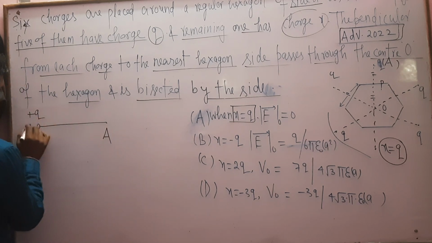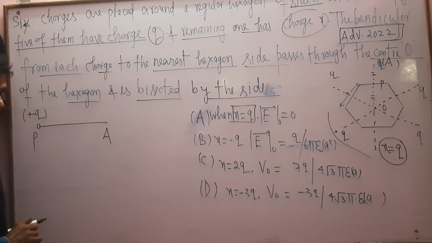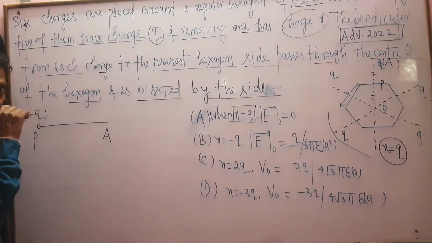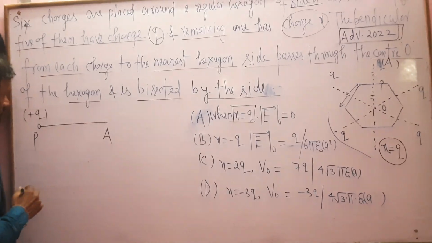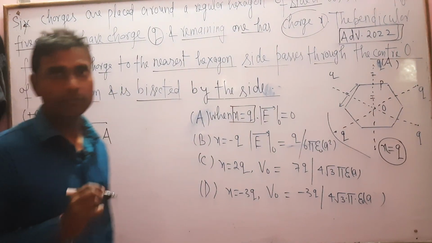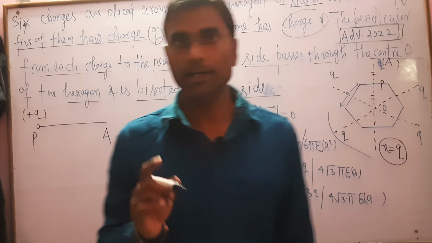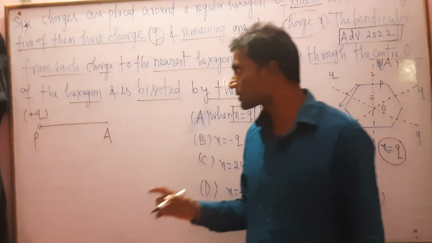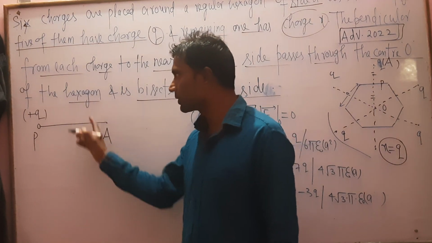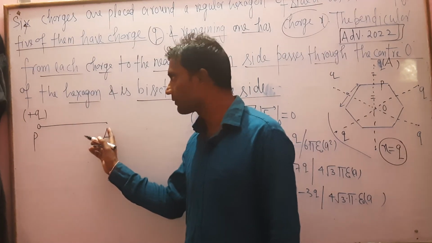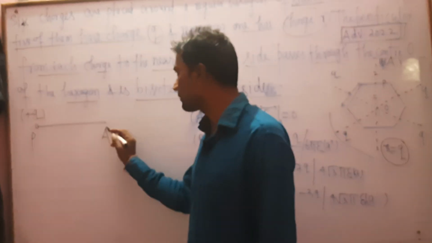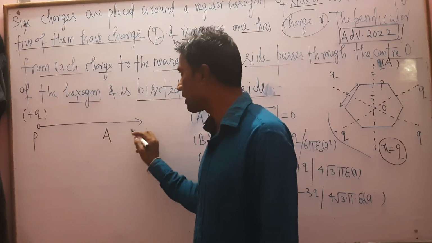If charge q is positive, then the direction of the electric field will be away from the charge, along the line joining the charge and that point. If the charge is negative, the direction of the electric field will be towards the charge. Here the charge is positive, so the direction of the electric field at point A will be away.